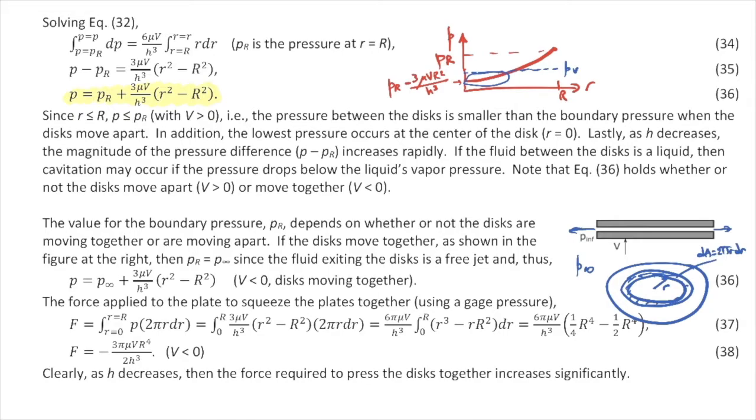The reason we have to apply that force is because we're squeezing the fluid out, and there are viscous stresses because of the no-slip boundary condition on the top and bottom surfaces. So you have to overcome those viscous stresses, applying a force vertically in order to squeeze it out. And you'll see that as H gets smaller and smaller, that force goes up very quickly. So as you press this together, it gets harder and harder to press it increasingly closer.